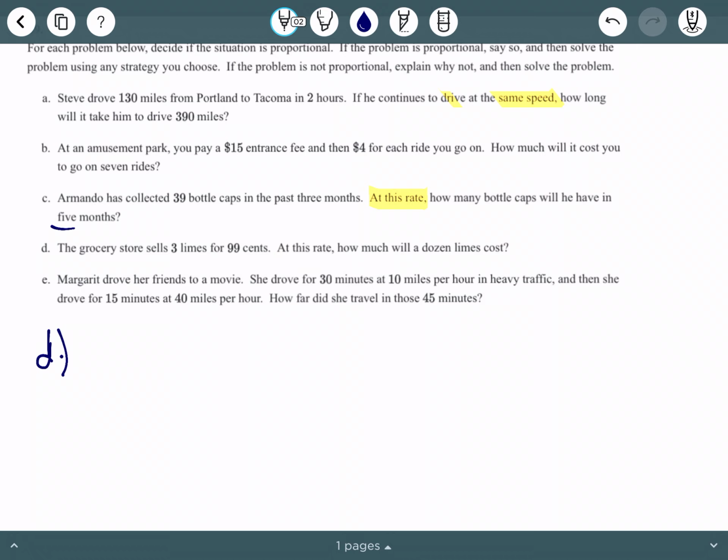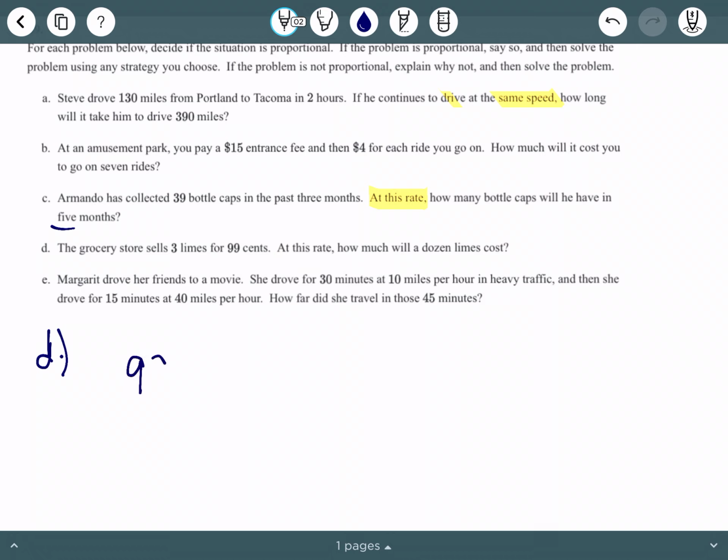So, let's see. 3 limes for 99 cents. I think unit rate or a giant 1 would be good for this. I'm going to use unit rate just to get away from that giant 1 so you can see something different for this. So we see 3 limes for 99 cents.